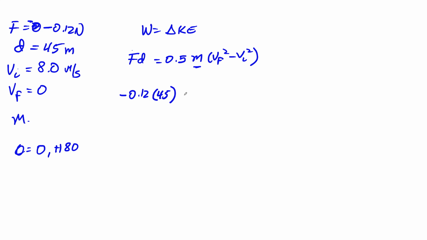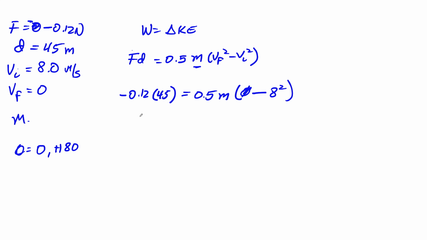That should be minus 1, because if we look at this, 0.5 times the mass, and the VF is 0. So that's going to be 0 minus 8 squared. So, well, there's our negative.